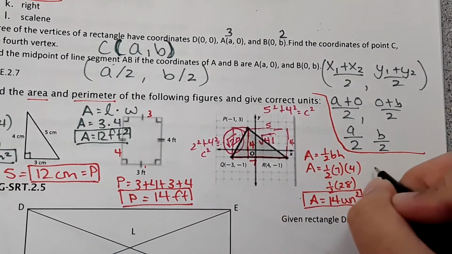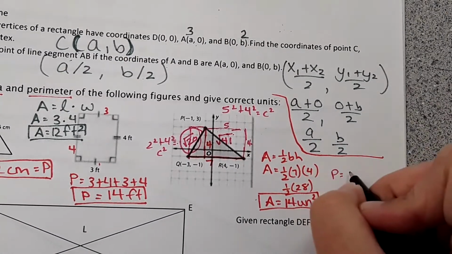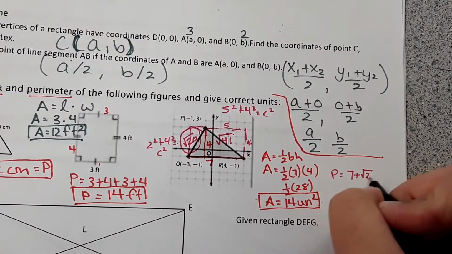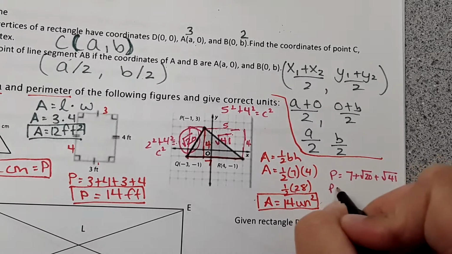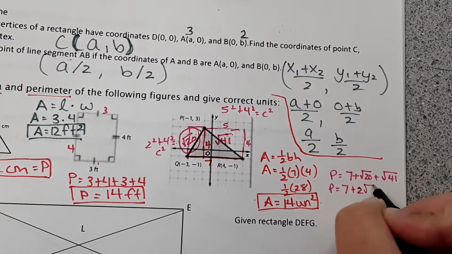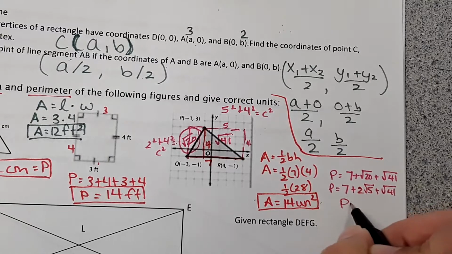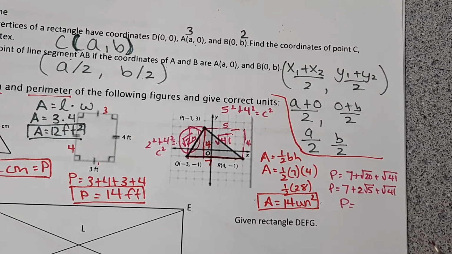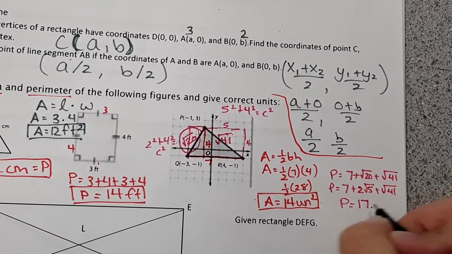So then perimeter here is 7 plus square root of 20 plus square root of 41. The answer key simplified square root of 20 to square root of 5. And then this solves out to, what did I have? 17.87.